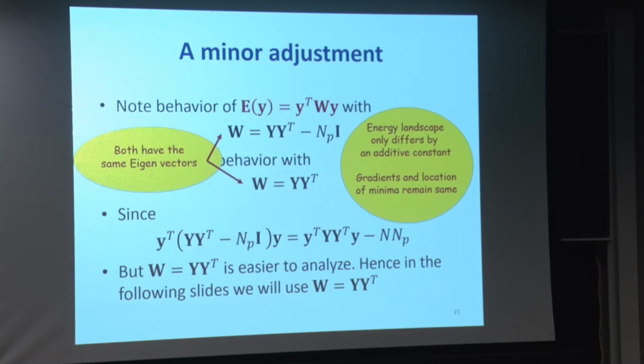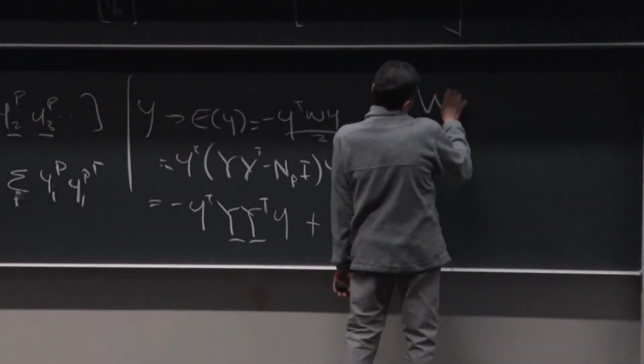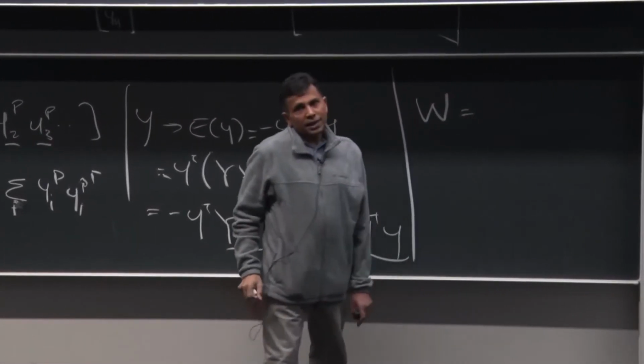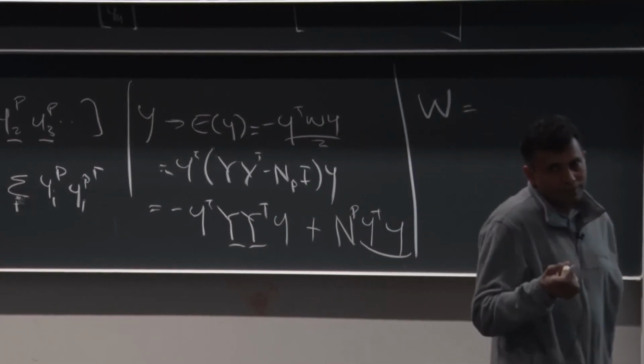Now another thing I want you to observe is, all of you are familiar with eigenanalysis, right? If I want to eigen decompose a matrix W, what would the eigen decomposition of W be? Anybody? Anyone?